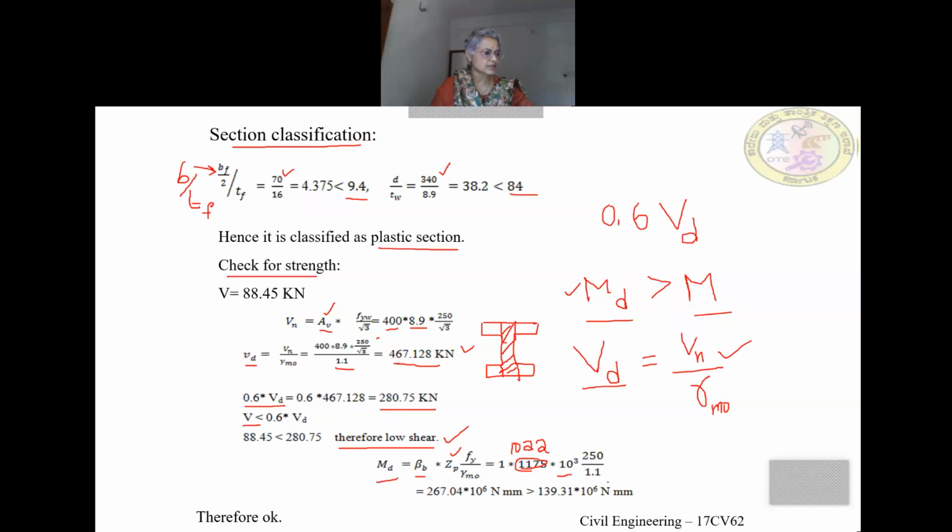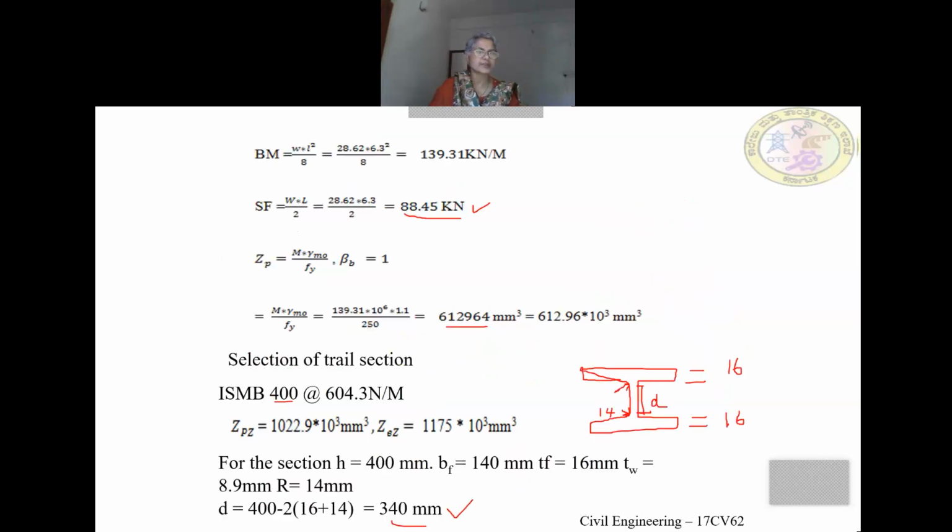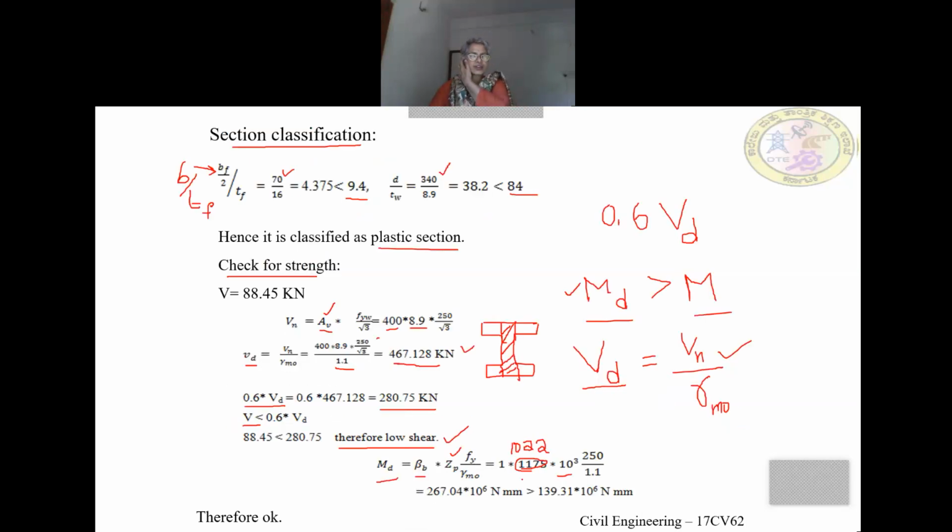Oh, there is an interchange of the values. So here there is some mistake. This is Zez and this is Zpz. So what I've taken here is correct. I'll just erase this.